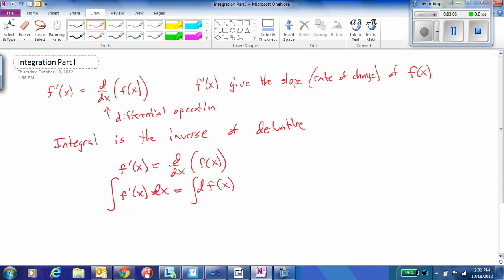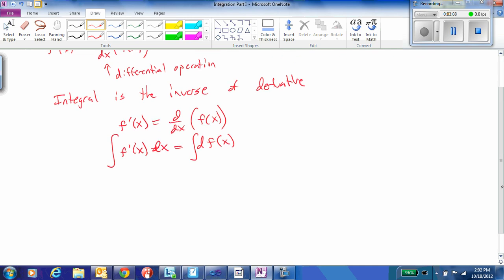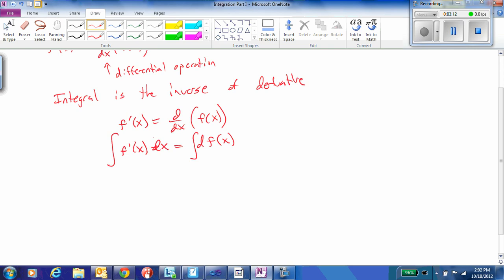That's the antiderivative of each side. I can't do the derivative of f of x, but I can do the derivative of the differential df of x, because these two things are exact inverses of each other. The integral undoes a derivative. So this side just comes back to the function f of x. And so the integral of f prime of x dx is f of x.